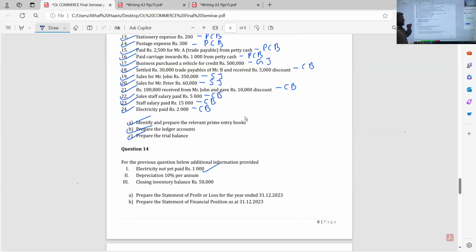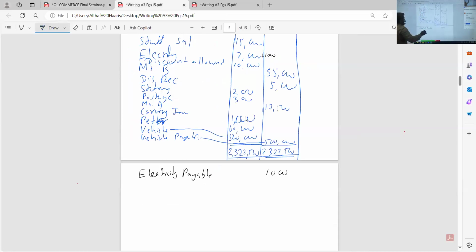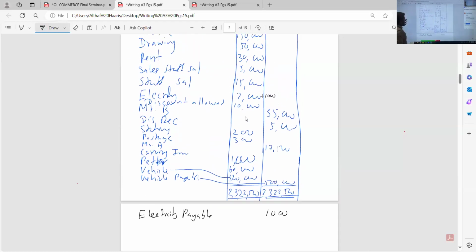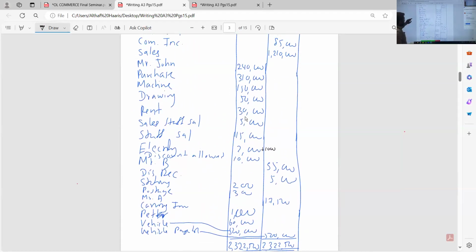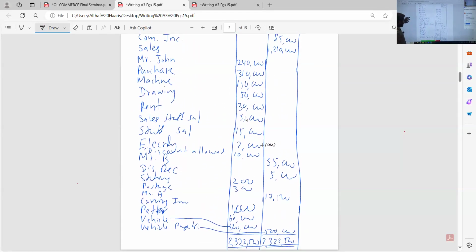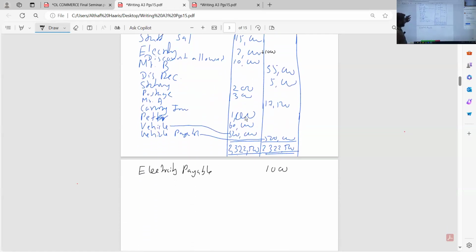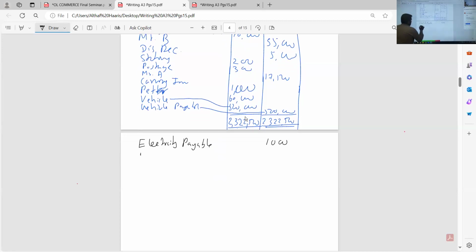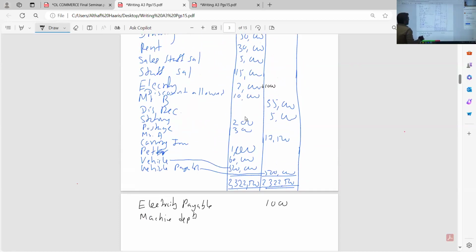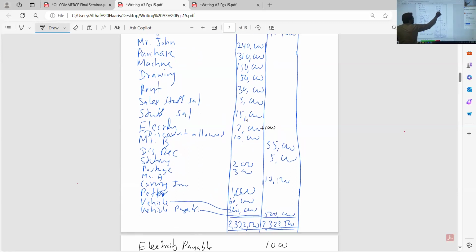Depreciation is 10% per annum. In this question we have 2 non-current assets: one is the machine, the other is the vehicle. Let's do the machine first. Machine depreciation: 150,000 is the machine value, and 10% of that.